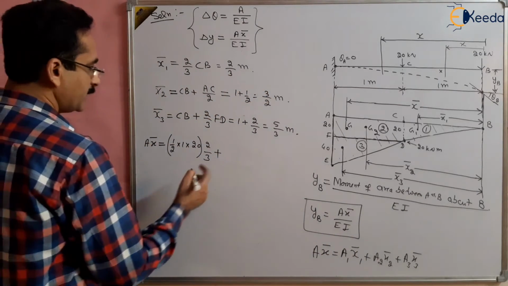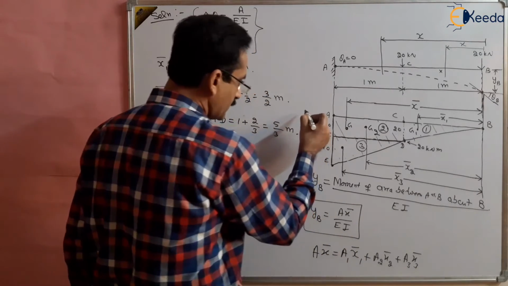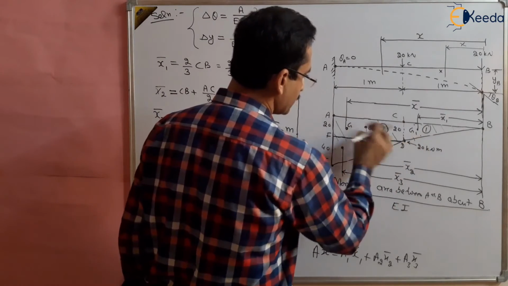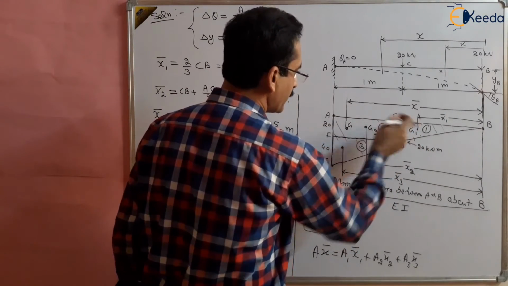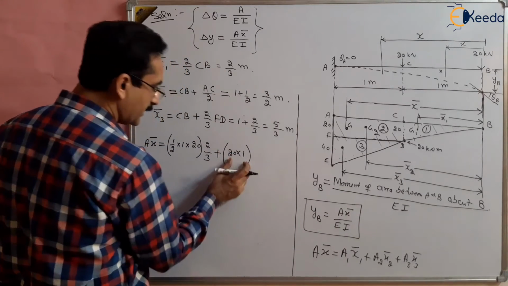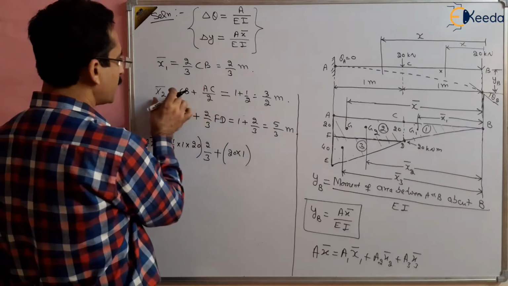What is A2? A2 is the area of this rectangle, which is 20 multiplied by 1, multiplied by x2 bar.